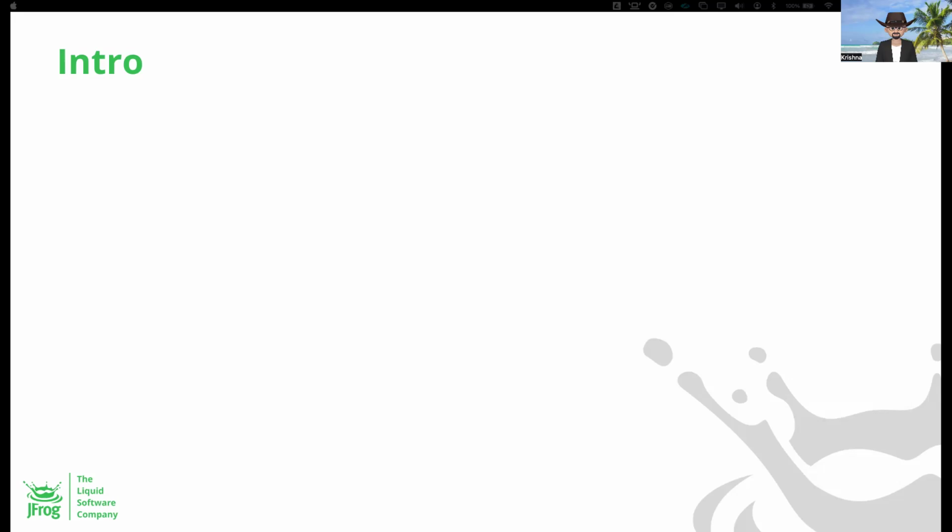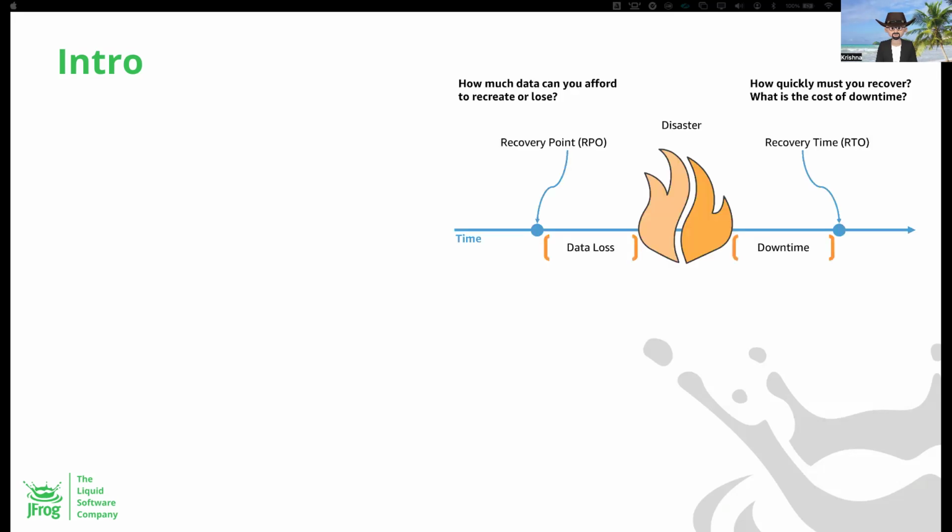So to take this to a bigger scale, let's talk about what disaster recovery is and the key features we look at, two critical things. The first is the RTO, the recovery time objective, the maximum acceptable delay between the interruption of the service and restoration of the service. Technically, this determines an acceptable length of service downtime.